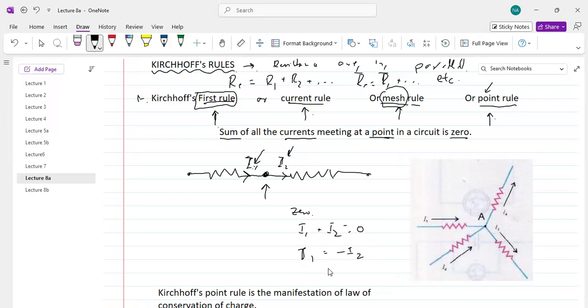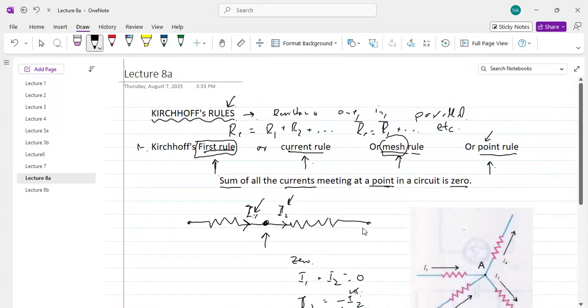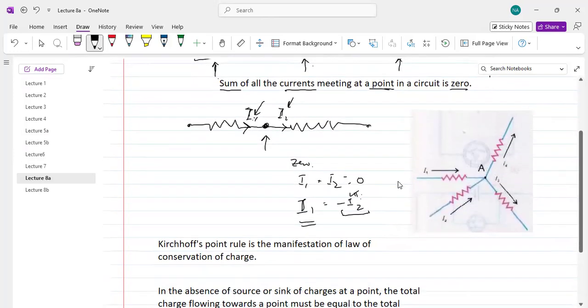This means that the current flowing towards a point, if taken as positive, then the current flowing away from the point is taken as negative. So we are now in a position to understand the meaning of this.